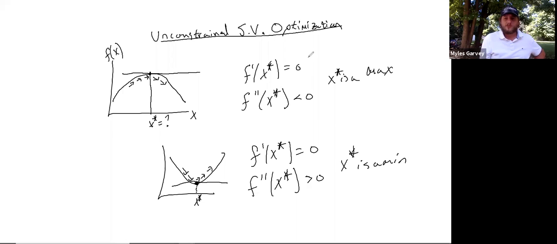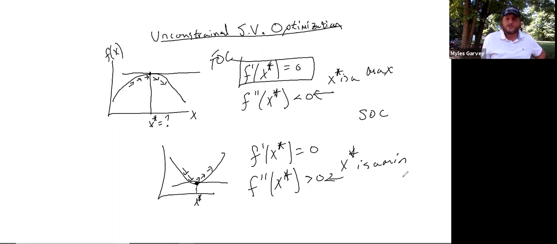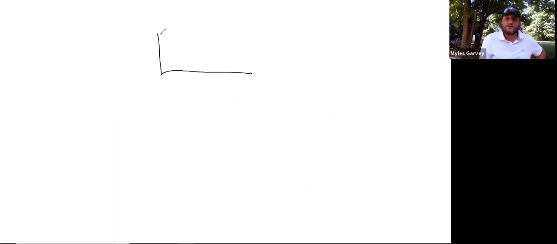This is what we refer to as the first order conditions, while this is what we often refer to as the second order conditions. And both need to be true in order for it to be a maximum or a minimum. So for example, suppose that I had e to the x plus x.